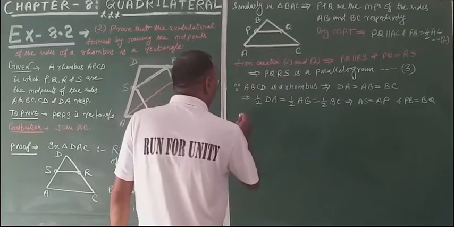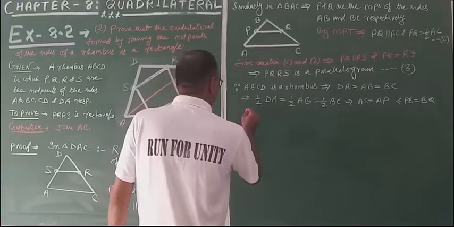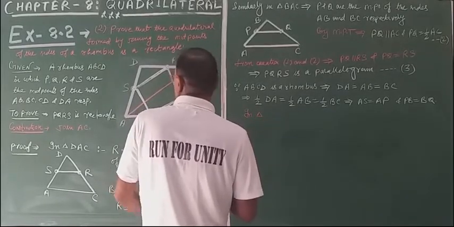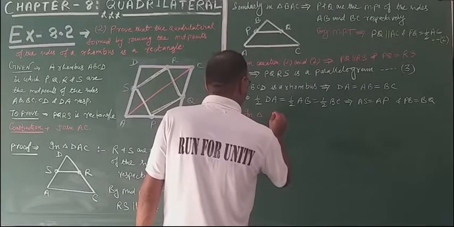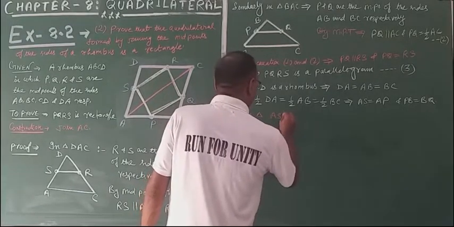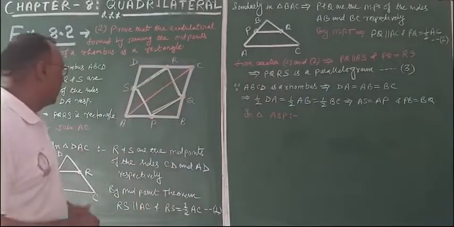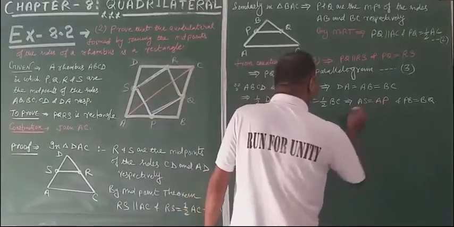Now, in triangle ASP, what is there? AS is equal to AP.